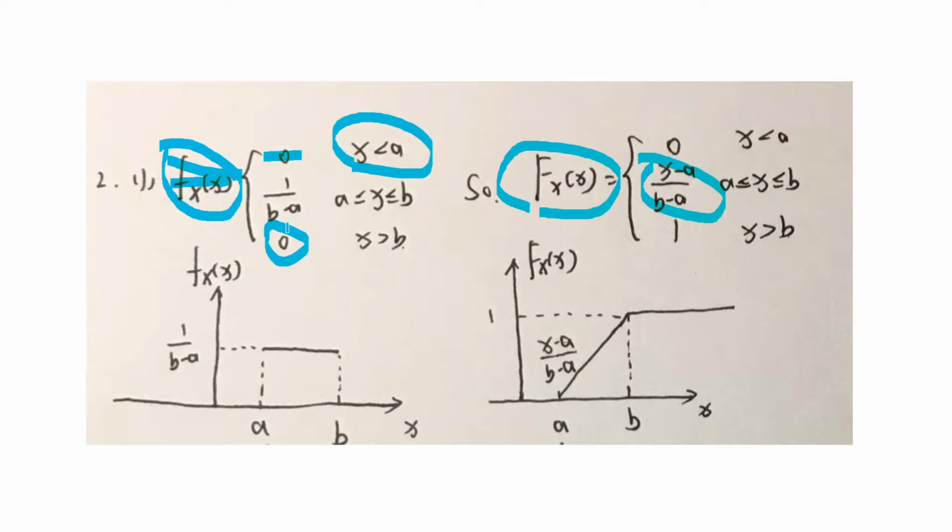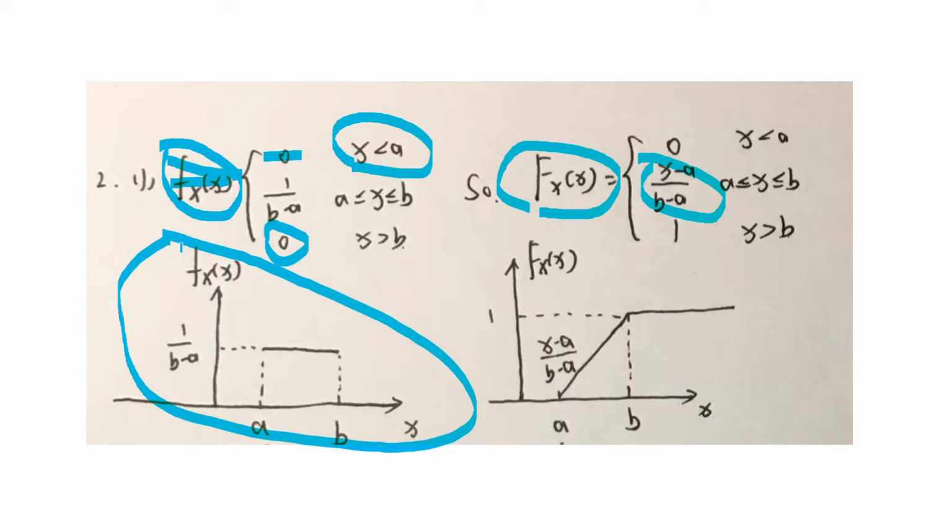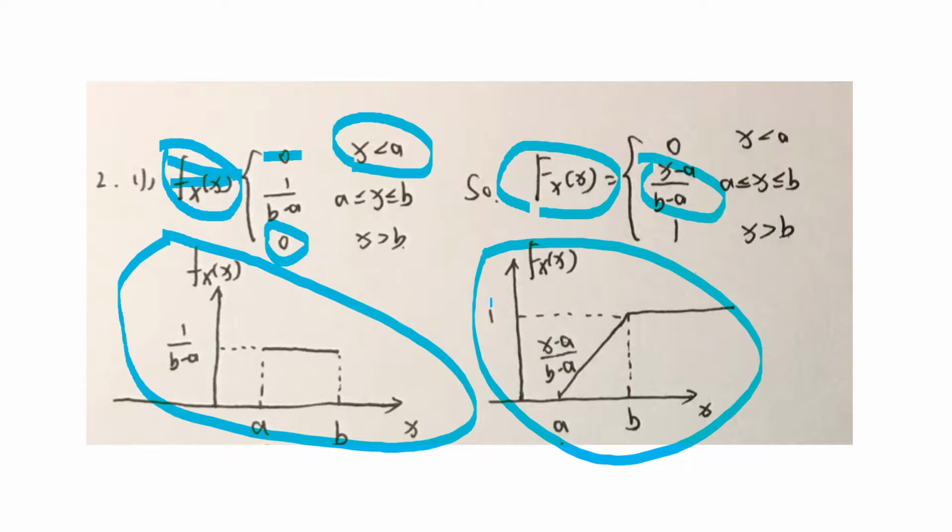With these two functions, we can simply draw the diagrams. The first one is the probability density function of x, and the second one is the distribution function of x, like this.